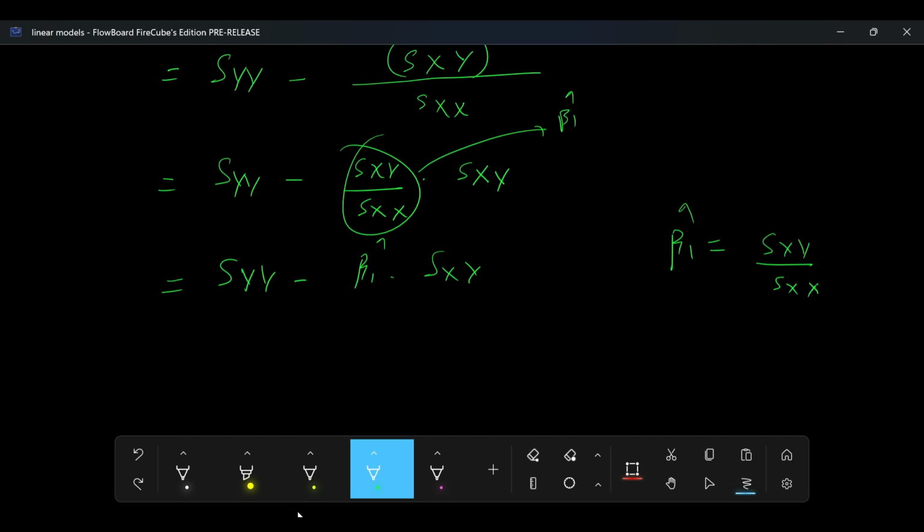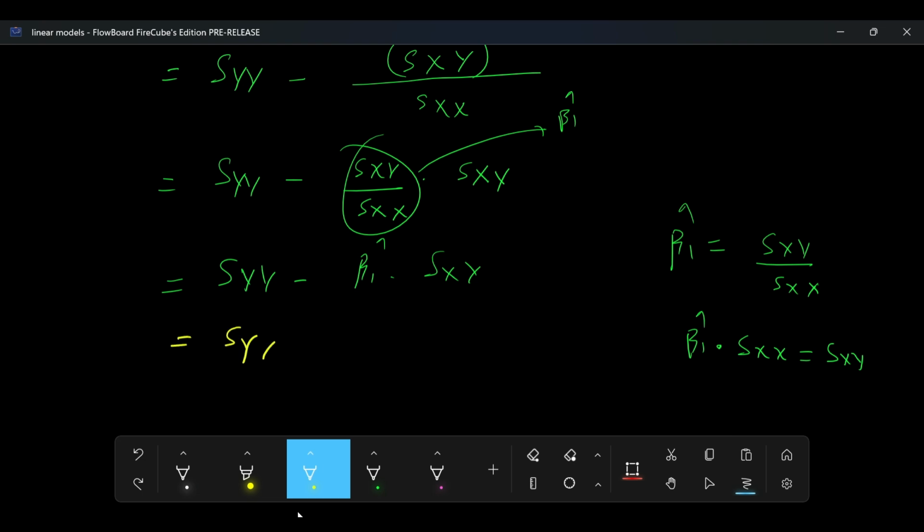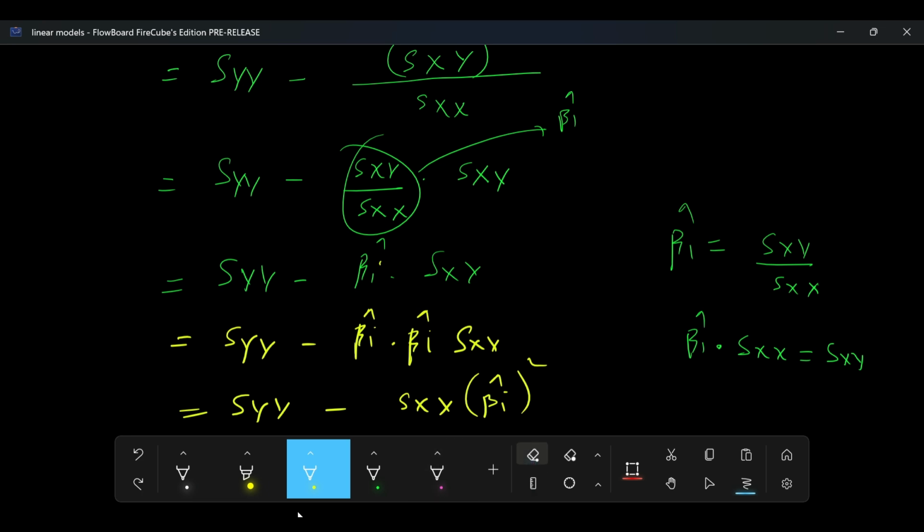So SXY will be beta 1 hat multiply SXX. So now this is equal to SYY minus beta 1 hat multiply beta 1 hat SXX. So this will become SYY minus SXX beta 1 hat square.